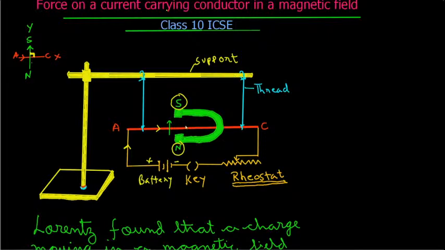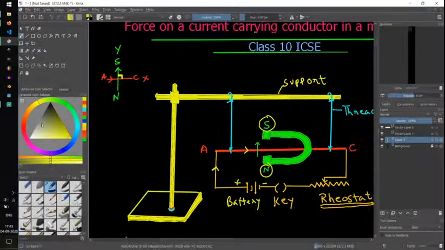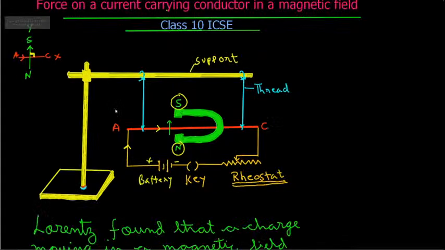Now when current is passed, what do I see? I see that this conductor AC is hung by these threads, so it can move. As soon as current is passed, this red wire moves out. This magnet is standing like this, and this wire comes out.